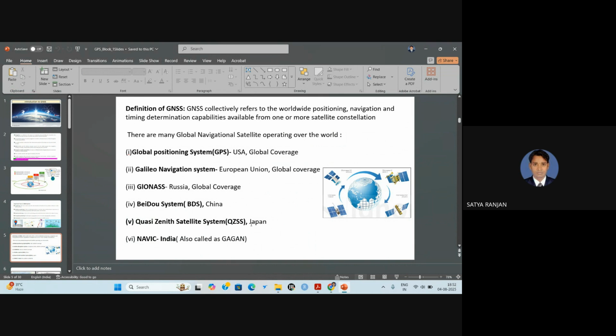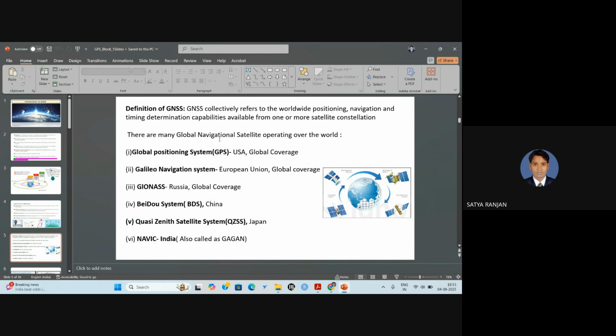Then the Quasi-Zenith Satellite System, QZSS, is from Japan. Then NavIC India, also called GAGAN, and IRNSS, is by India. So NavIC is a regional navigational satellite system. Japan's QZSS is also a regional navigational system, and all others, Galileo, GPS, and GLONASS, have global coverage.